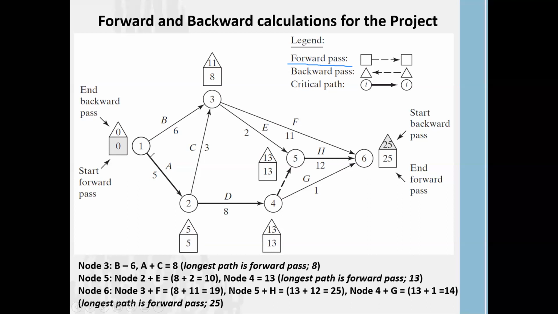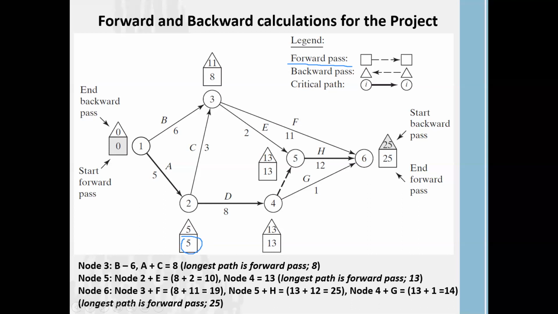Now we are coming from activity A. Once it is completed, task 2 is going to start. When you start task 2, starting from this activity, you have consumed 5 weeks. So here we calculate the forward pass as 5.